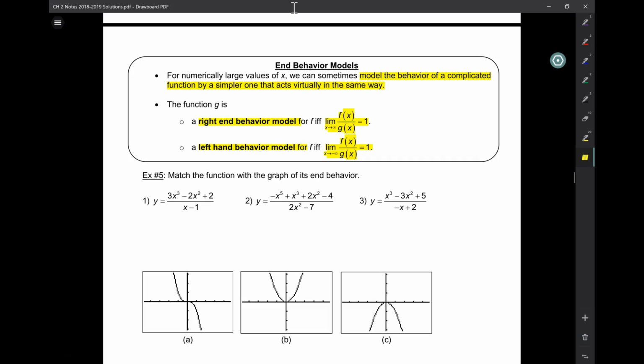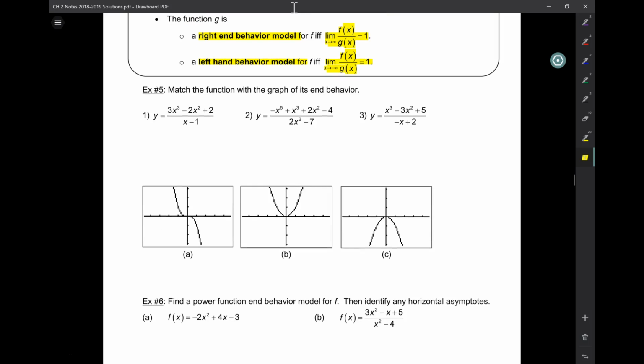Okay, so look. It says match the function with the graph of its end behavior. Okay, so we want end behavior, that's x approaches infinity. So what I do is, if I'm looking at x approaches infinity, I only look at the terms with the higher powers. So here, this will simplify to what? 3x squared. That's all. This will simplify to negative x cubed over 2.